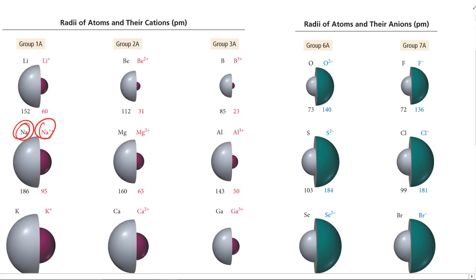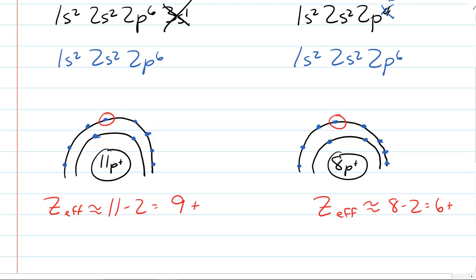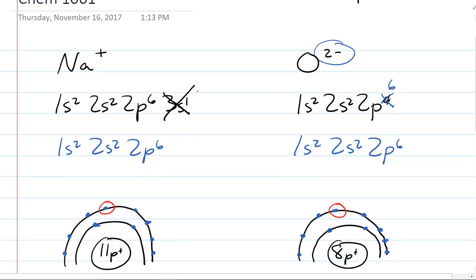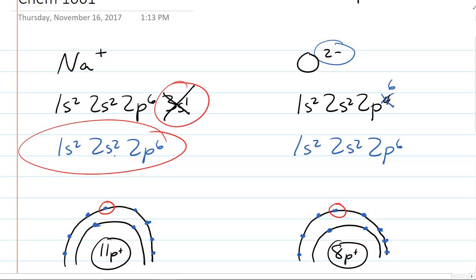You can see that a sodium ion is much smaller than a sodium atom because it has basically lost an entire valence shell. So when we went from neutral sodium with the valence shell with the 3s1 to this, we lost not only an entire valence shell, but the effective nuclear charge increased dramatically, and that serves to shrink it way down.